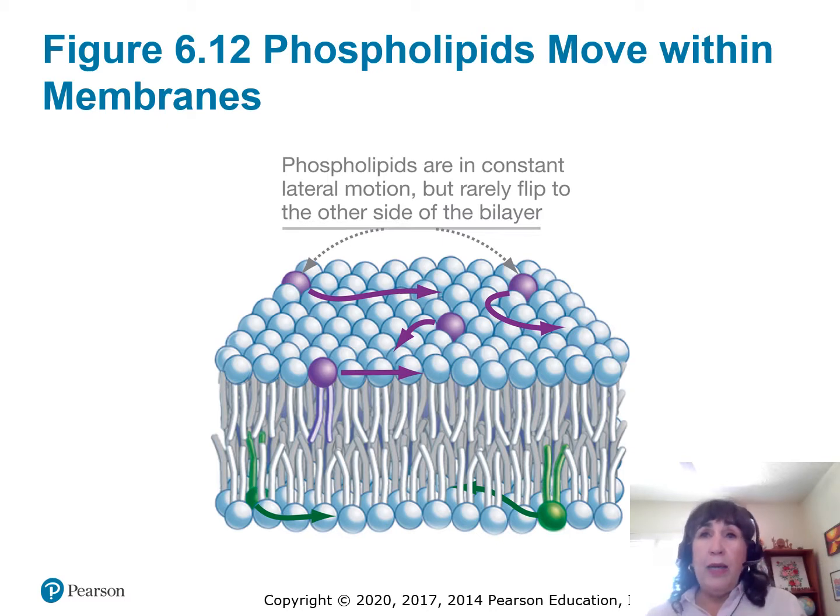But really, in reality, it's like a glob of oil, and these molecules are always moving. What this figure shows is that there's a lot of lateral movement in the phospholipids, but it's very rare that a phospholipid from the top layer will move to the bottom layer, but there is a lot of lateral movement.